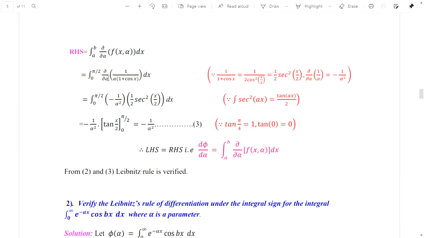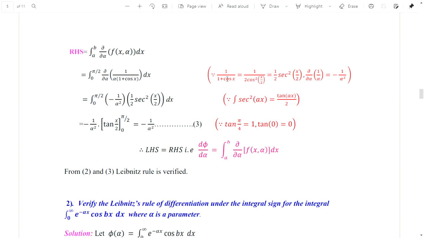First we have to do the partial differentiation of this function with respect to alpha, and as we know, differentiation of 1 by alpha is minus 1 by alpha squared into 1 by 1 plus cos x into dx.